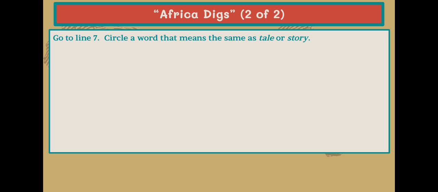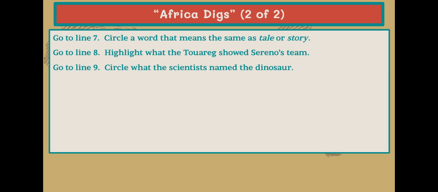Circle a word that means the same as tale or story. Go to line 8. Mark what the Tuareg showed Sereno's team. Go to line 9. Mark what the scientists named the dinosaur.